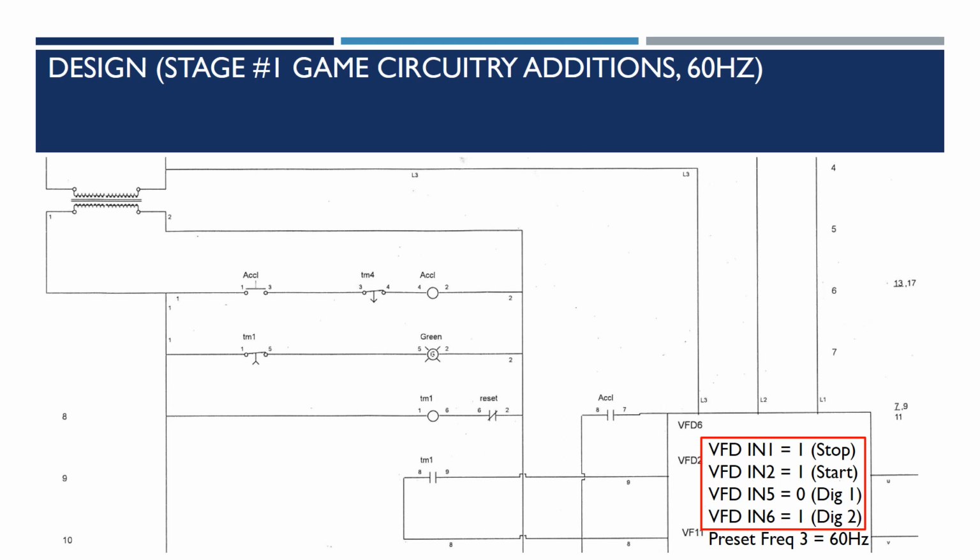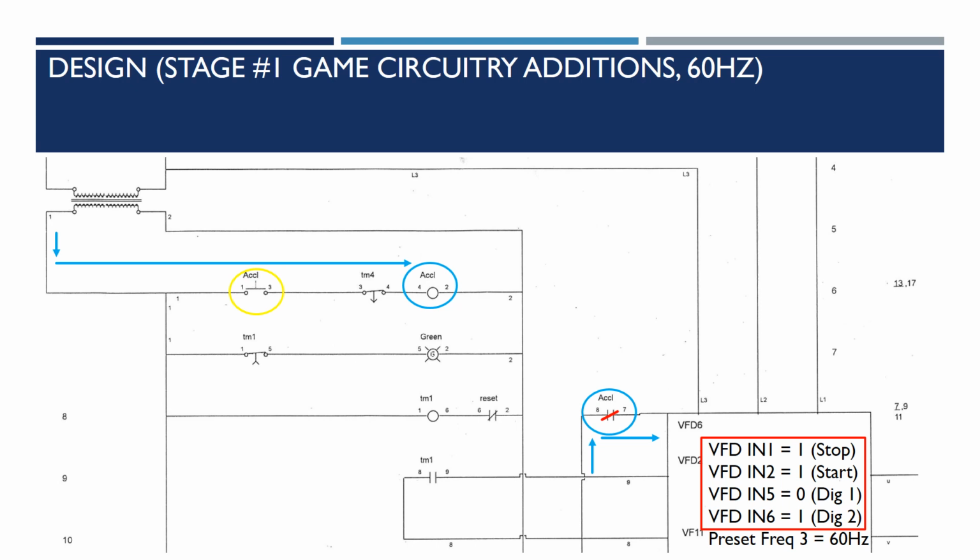The way we accomplish that is when the accelerator button is pushed, power flows in and energizes the accelerator coil. The accelerator coil then closes its normally open contact, 24 volts from the VFD flows through and into pin 6 on the VFD, which gives us our logic level 1 on digital input 2.